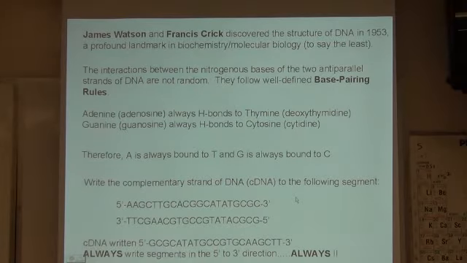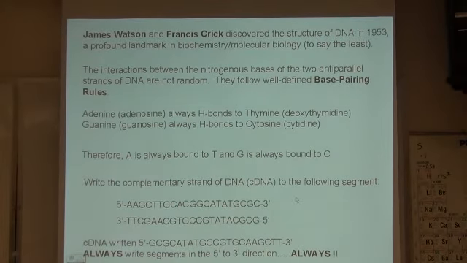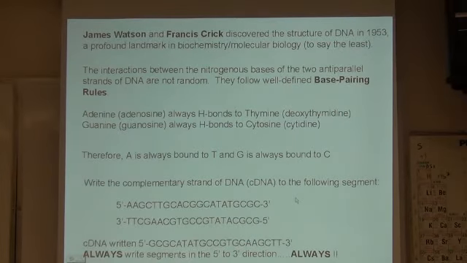I'm reasonably sure somewhere on some exam or lab quiz, you're going to have to write a complementary strand. For sure. Everybody good with that? See you feverishly writing it down.